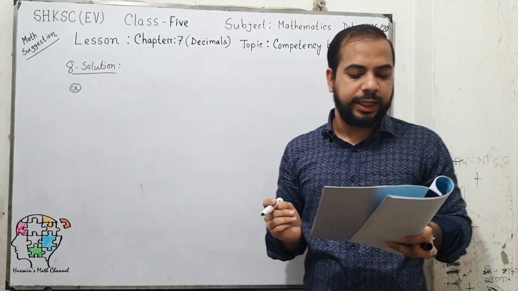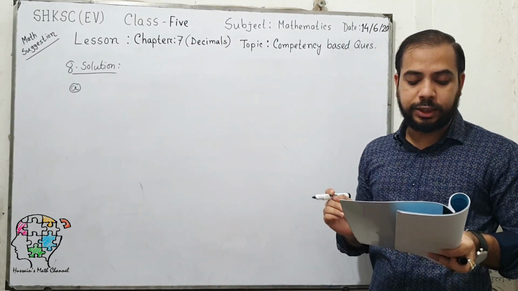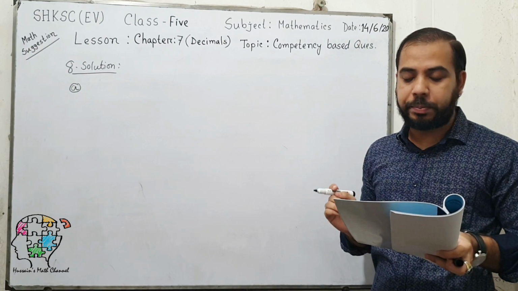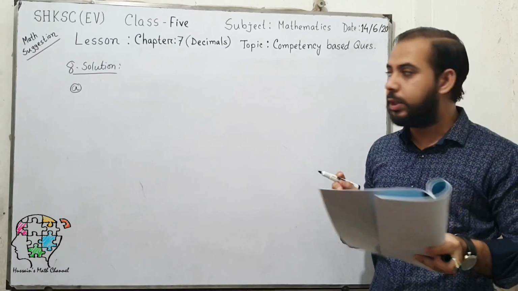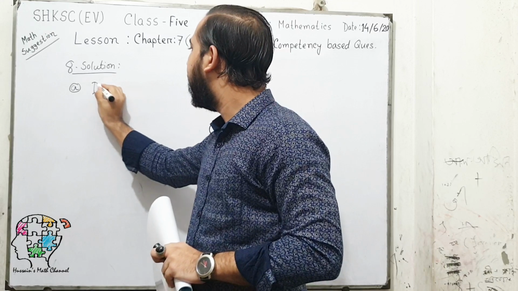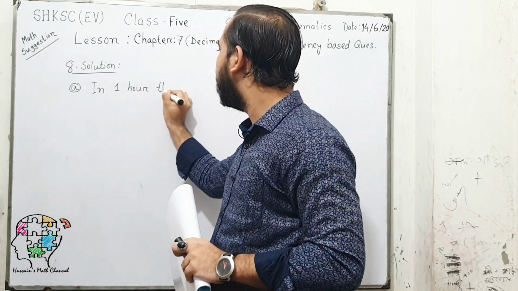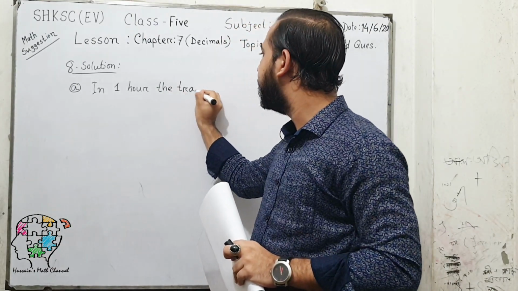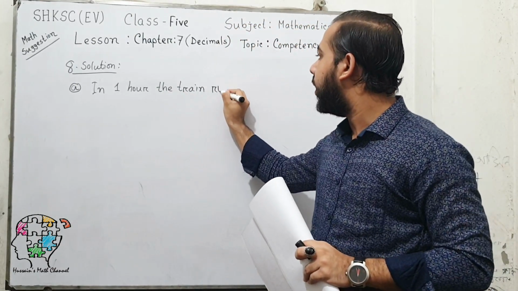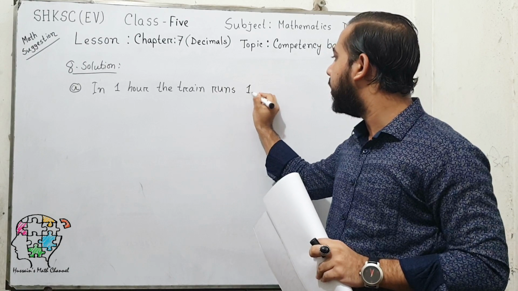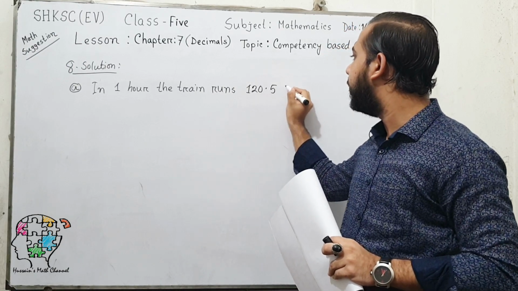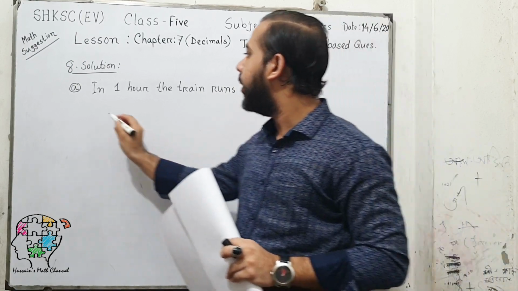In the question it is already given that the train runs 120.5 km per hour. Per hour means in 1 hour. So we write, in 1 hour the train runs 120.5 km.